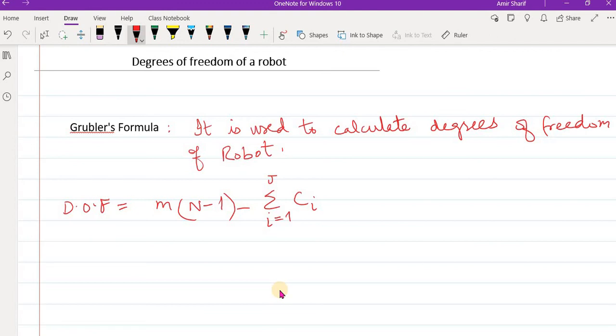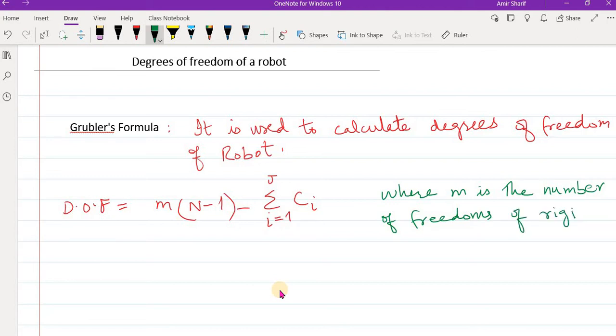So here, m is the number of freedoms of a rigid body.